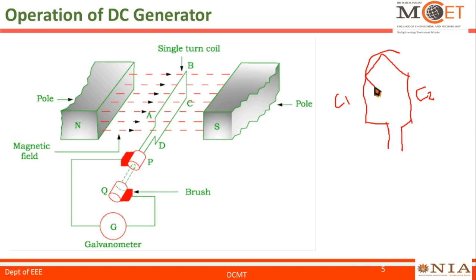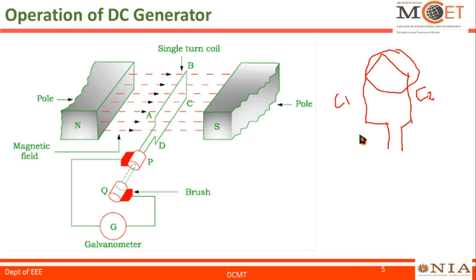Back end connection, normally we call it an overhang portion of a conductor, which will not contribute to generation of EMF. Front end connection, normally we connect to commutator segments.